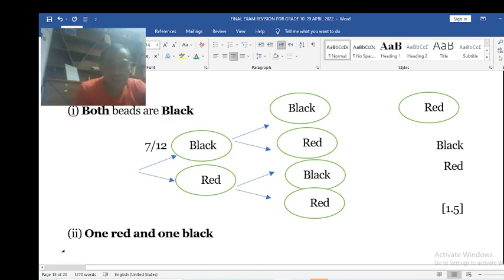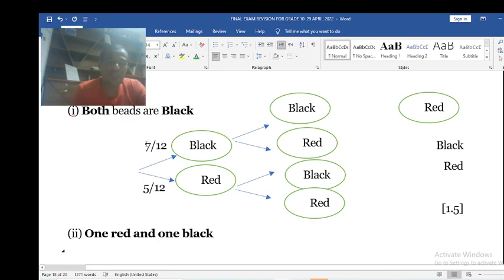And here 5 over 12 I will put it here. Okay, this is 5. Now this one, black, is 7 also.